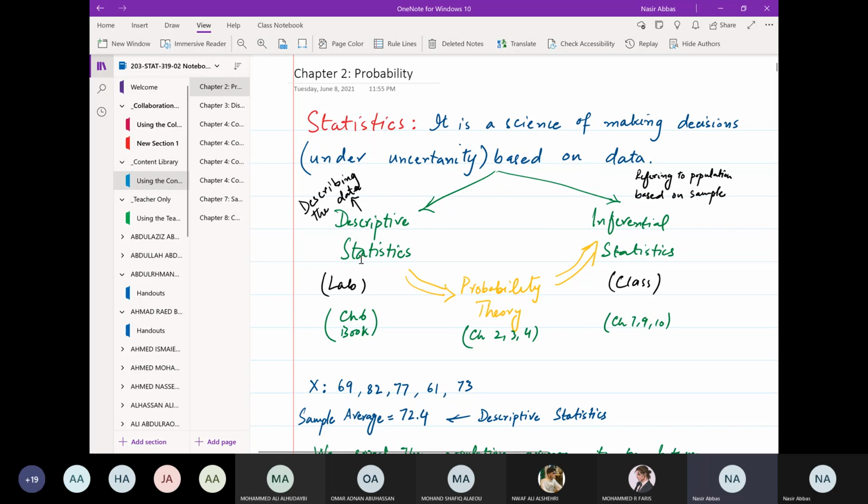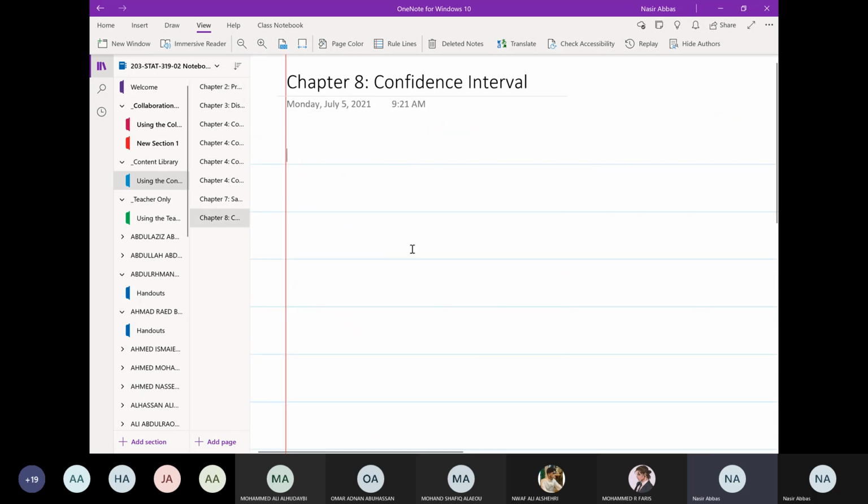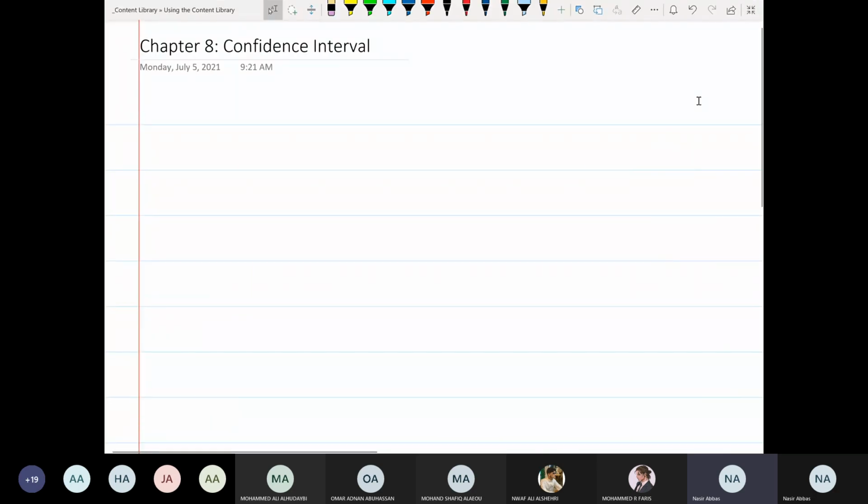Now we are back in the position of starting with the inferential statistics part, where we will draw conclusions about the population parameters like mu. Mu is the mean of a population. So we will draw conclusions about population parameters based on the sample estimates.